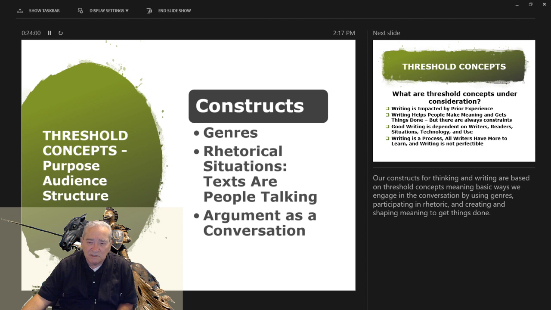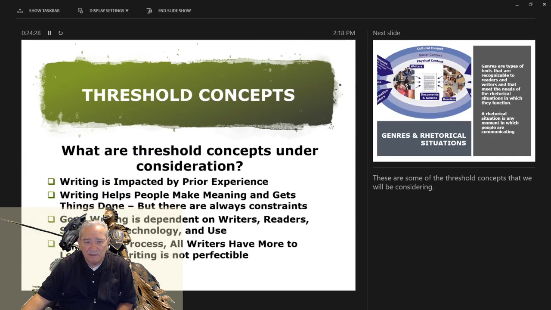Our constructs for thinking and writing are based on these threshold concepts, and these are basic ways we engage in the conversation by using genres, participating in rhetoric, and by creating and shaping meaning to get things done. That's one of the big emphases that we will see, and it's a big emphasis of your book, Writing About Writing, and the whole concept of English Composition 1 and 2 is really about how we get things done.